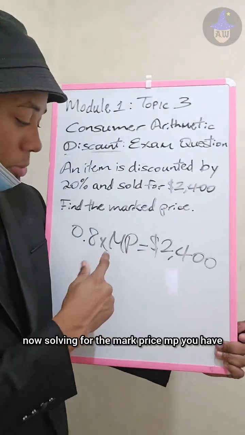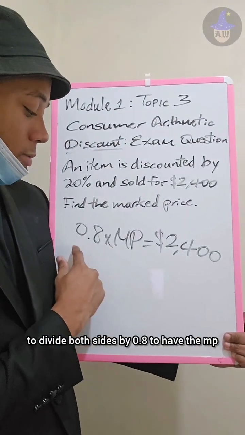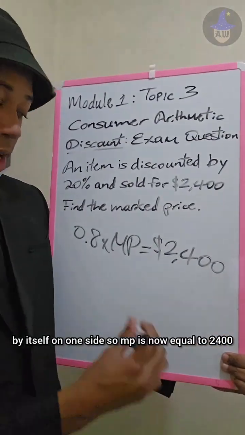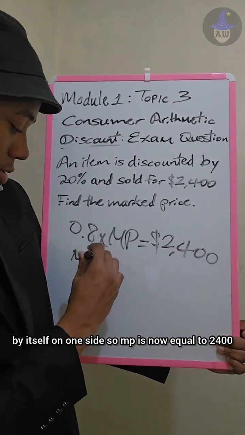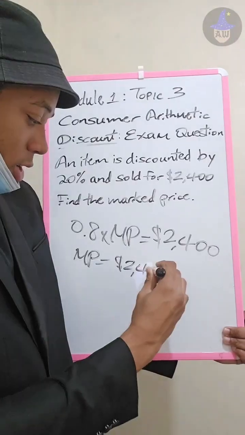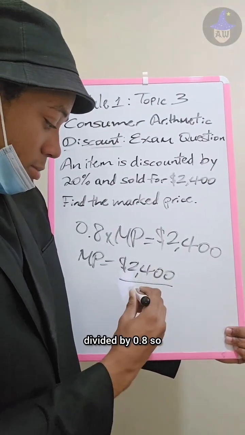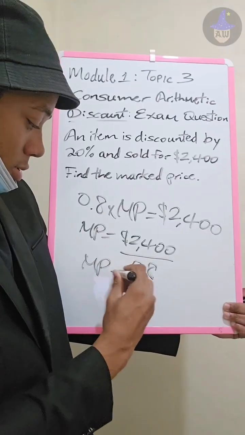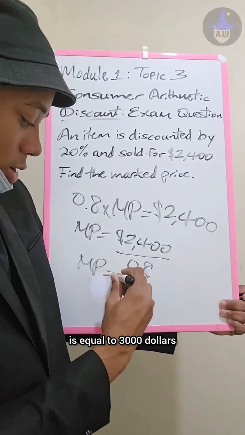Now solving for the marked price, MP, you have to divide both sides by 0.8 to have the MP by itself on one side. So MP is now equal to 2,400 divided by 0.8. So MP is equal to $3,000.